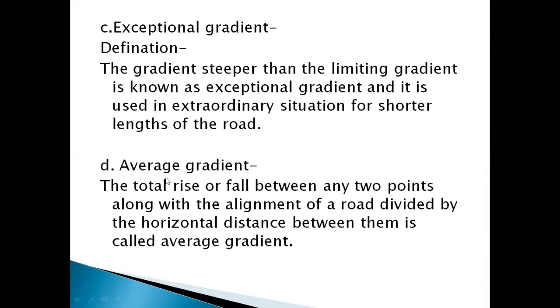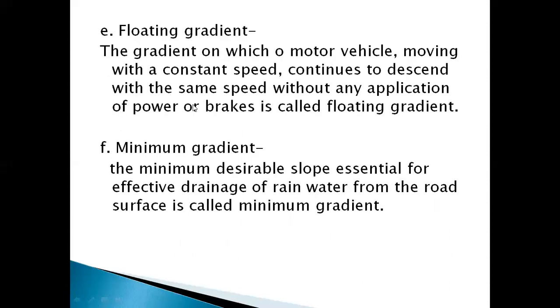Then next is the average gradient. The total rise or fall between any 2 points along the alignment of the road divided by the horizontal distance between them is called the average gradient. Then next is floating gradient.